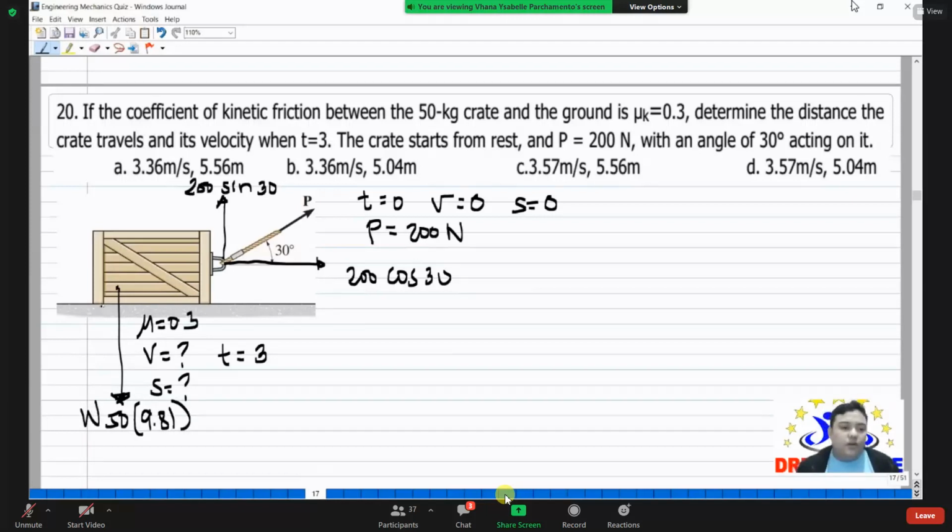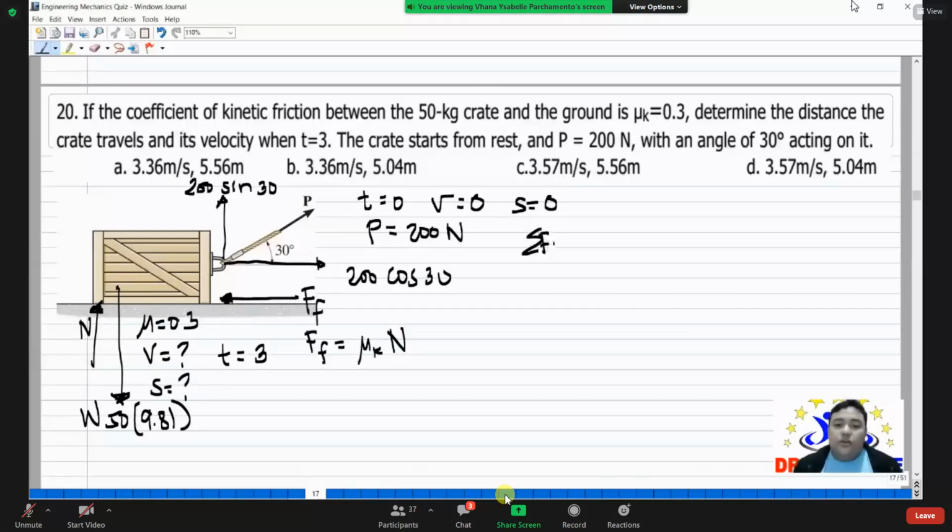So that is the weight. And we have also your normal force. And since it has a kinetic friction coefficient, we have friction, FF, wherein FF is equal to mu K, coefficient of kinetic friction times the normal force of our crate.